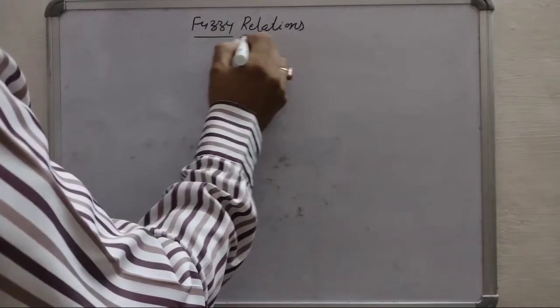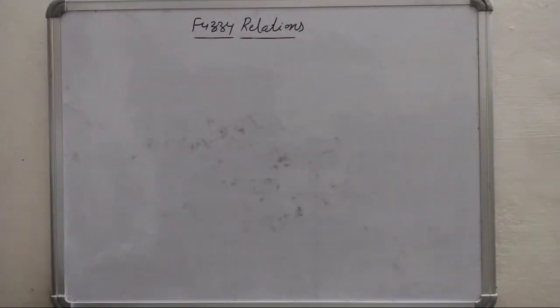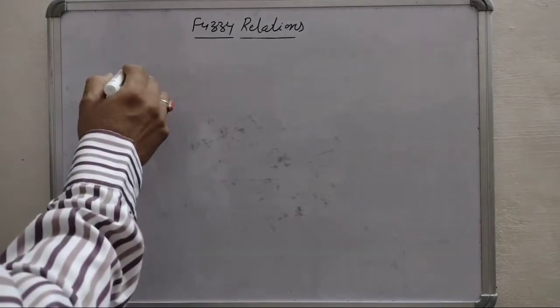Like crisp relations, fuzzy relations also map elements of one universe.